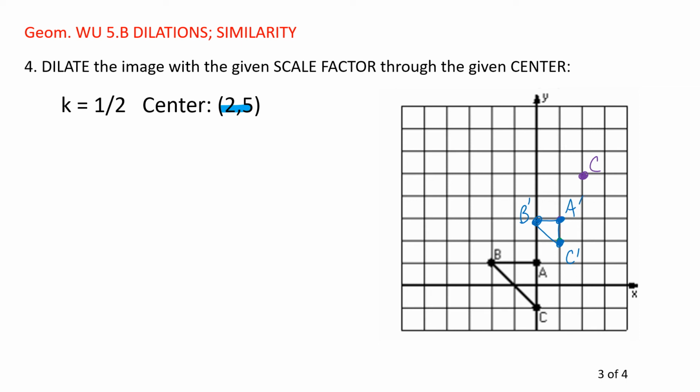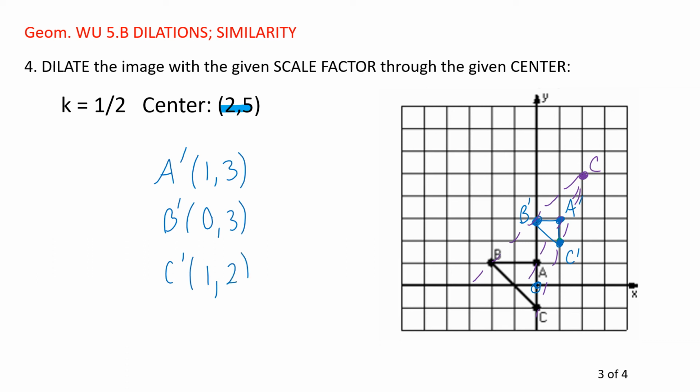And like I showed earlier, you can see the center of dilation. As long as I'm sitting here thinking about it, I will give the coordinates. A prime from the origin, which is right here, 1, 3. B prime from the origin, side to side, 0, up 3. C prime from the origin, side to side, 1, up 2. And I have no way of knowing those from a calculation. I must have a picture for that.